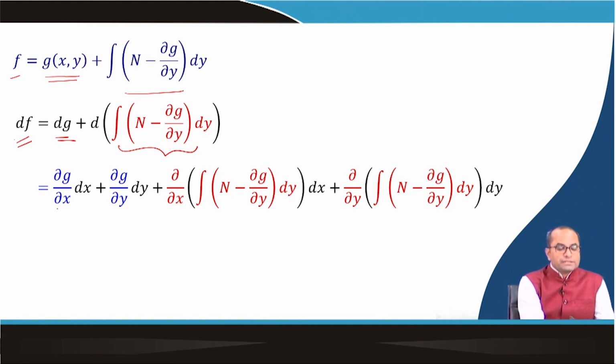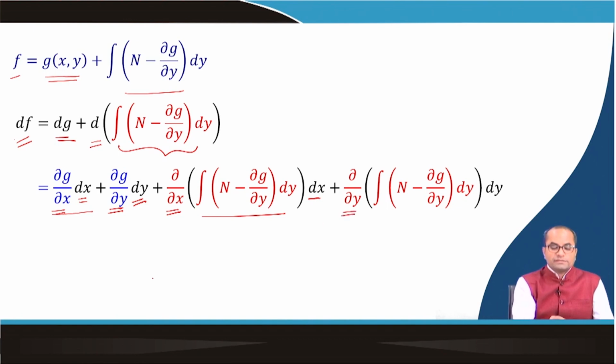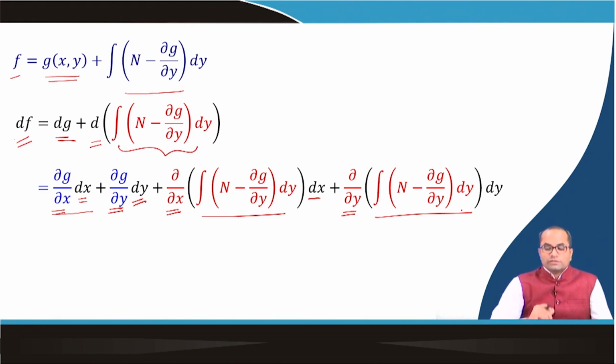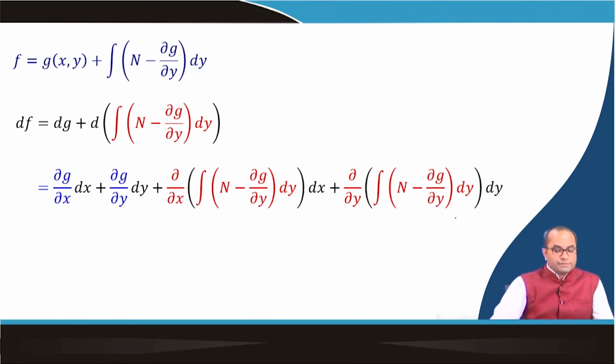This is partial g over partial x dx plus partial g over partial y dy, plus the differential of this function again with the same definition: the partial derivative with respect to x of the function times dx, plus the partial derivative with respect to y of this function, N minus del g over del y, times dy. This now has to be simplified.